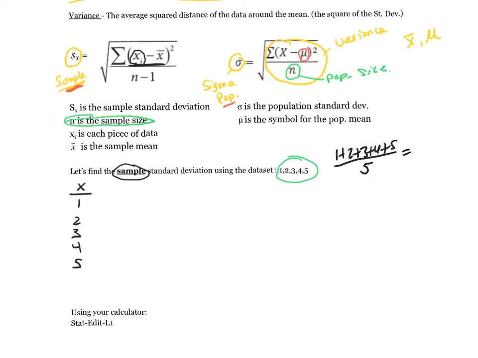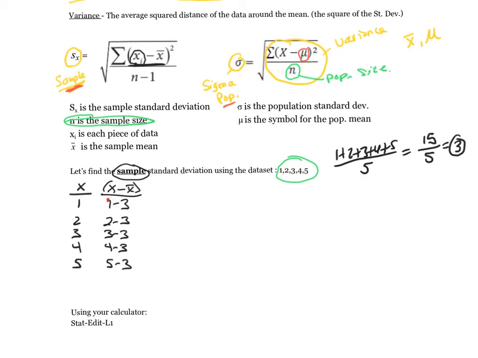So that would be 9, 10, 11, 12, 13, 14, 15. Divided by 5, the average is 3. Or the sample mean is 3. So the first step would be take each x and subtract this mean. So it'll be 1 minus 3, 2 minus 3, 3 minus 3, 4 minus 3, and 5 minus 3.